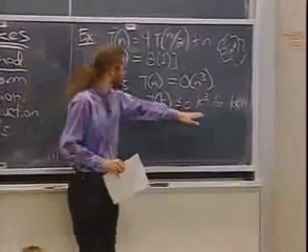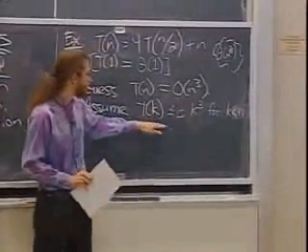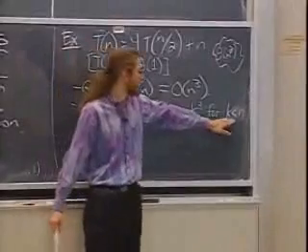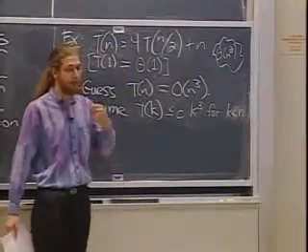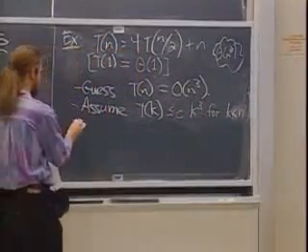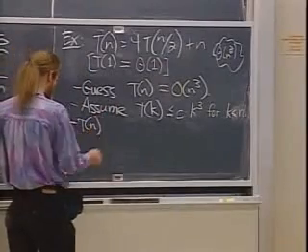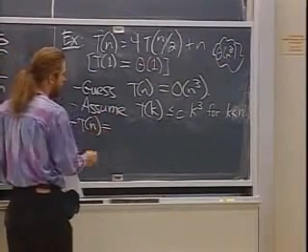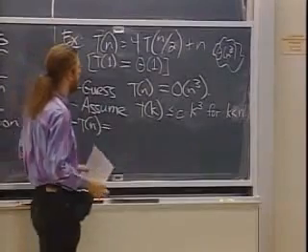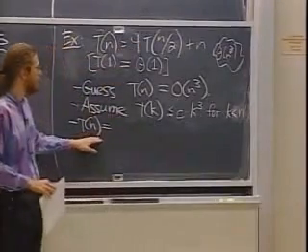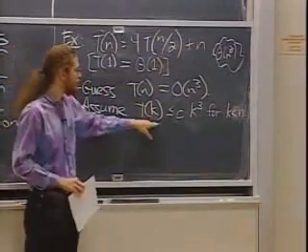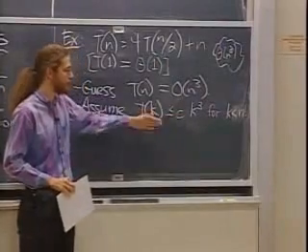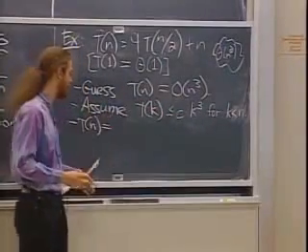Okay, so now I've written out the constant. I should be safe. I'm assuming it for all k less than n, and now I have to prove it for k equal to n. So I'm going to take t of n and just expand it. I have this recurrence, and it involves t of n over 2, and I know some fact about t of n over 2 because n over 2 is less than n.